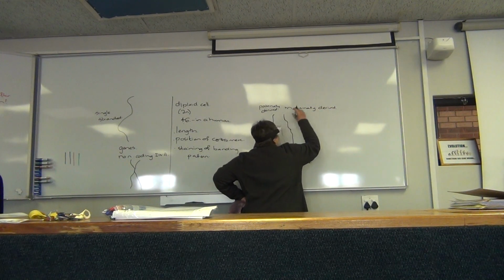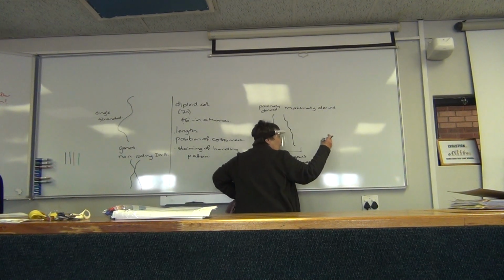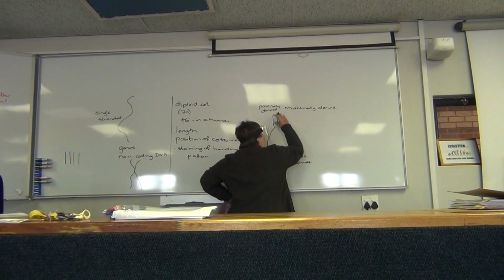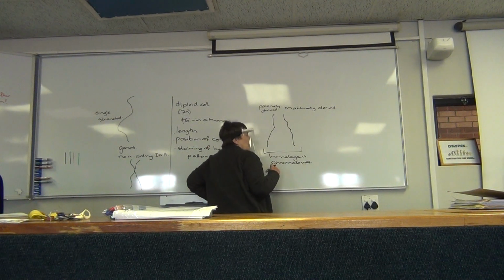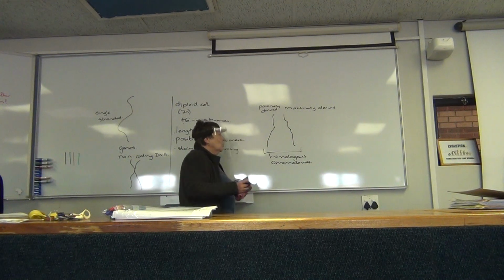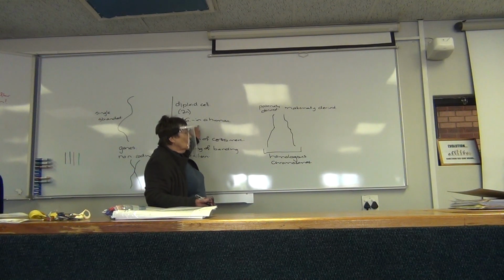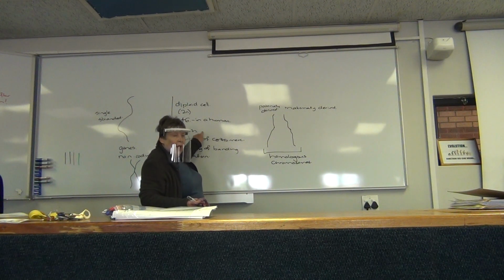In other words, this is a copy of a chromosome that was in the egg cell from the mother, and this is a copy of the chromosome that was in the sperm cell from the father. So if you consider a human, and you consider that there are 46 chromosomes per cell, that means that 23 of those must be paternally derived and 23 must be maternally derived.